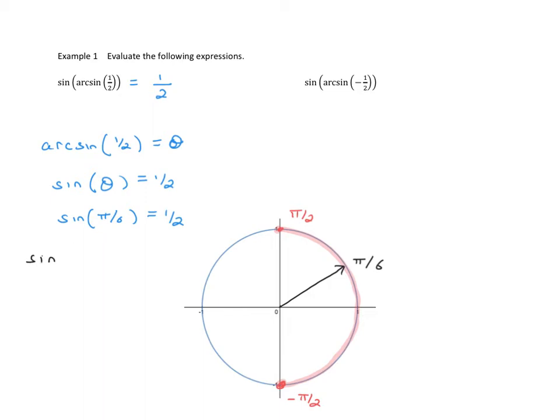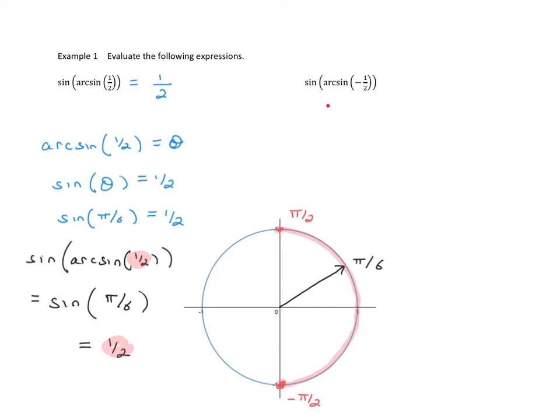So we have sine of arcsine of a half. We just figured out that the arcsine of a half is pi over 6, and sine of pi over 6 is a half. So again, it looks like almost nothing happened. I started with a half, and I ended with a half. And it's no surprise that that happens because sine and arcsine are inverses of each other.